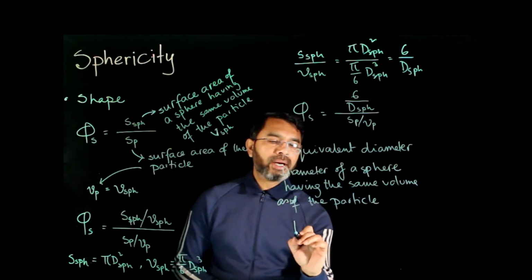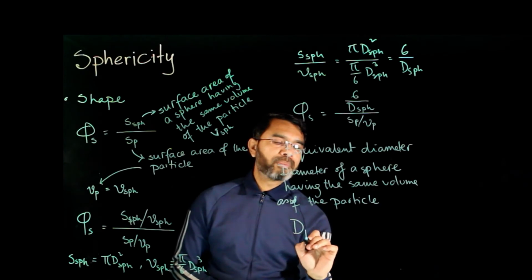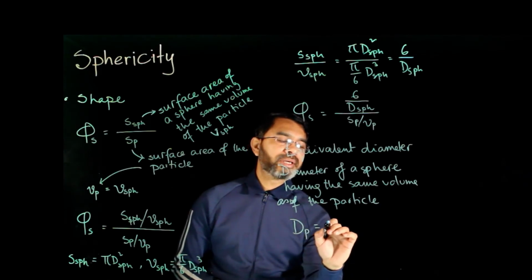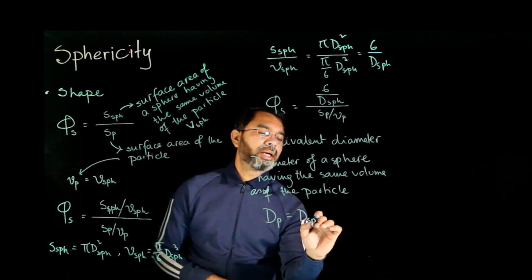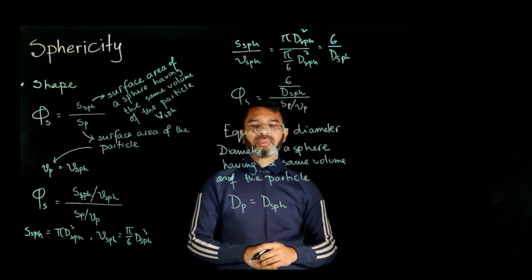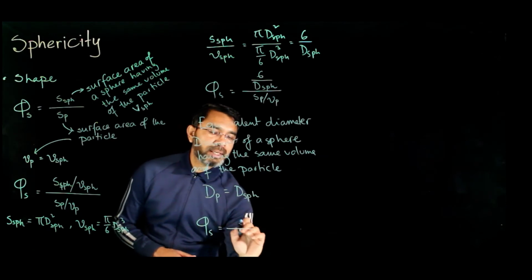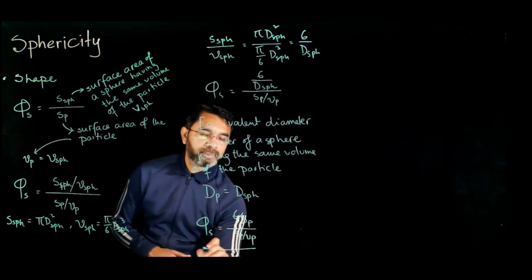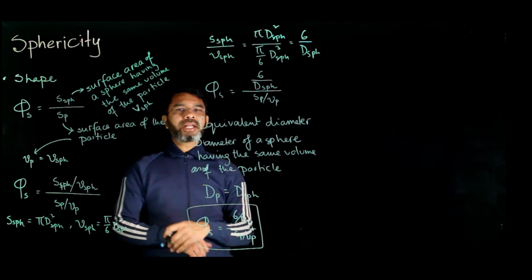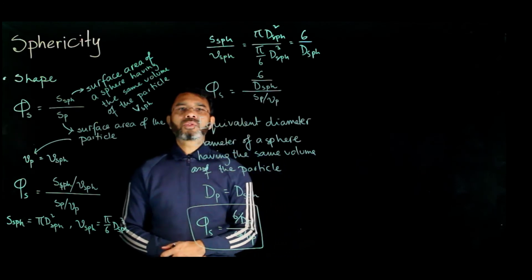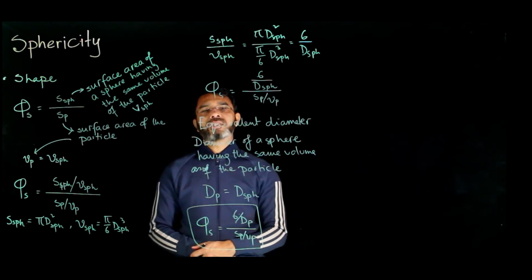So we have defined the equivalent diameter of the particle, dp, to be equal to dsph. So these all give phi s equals 6 over dp times Sp over Vp. So this is the definition we use for determining the sphericity.